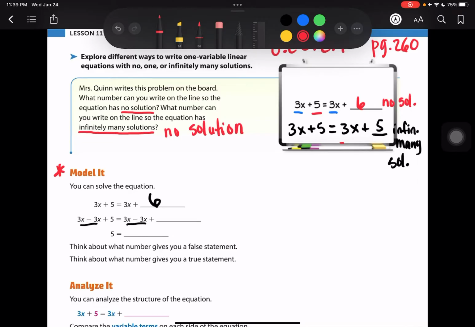That cancels out and leaves you 5 equals whatever number you choose. It asks you to think about what number gives you a false statement and what number gives you a true statement. A false statement is when the constants, meaning the whole numbers, don't match, when they are different. A true statement is when the constants are the same.